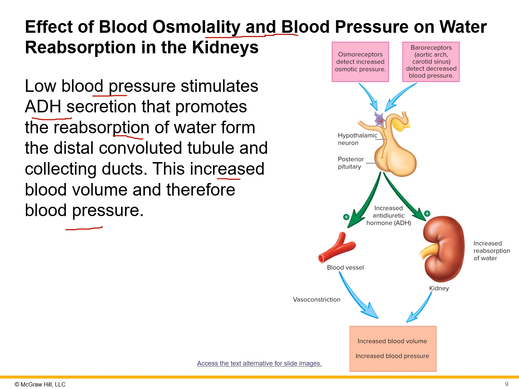So here we're using osmoreceptors instead of looking for a change in blood pressure. These are going to be activated due to that increased osmotic pressure, changes again in how hypertonic or hypotonic the solutions are becoming. Again, baroreceptors, those are the ones that are going to be looking for the change in pressures.